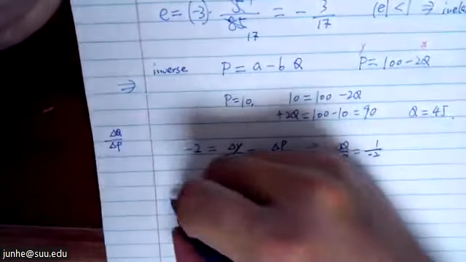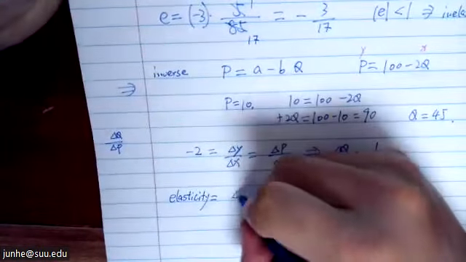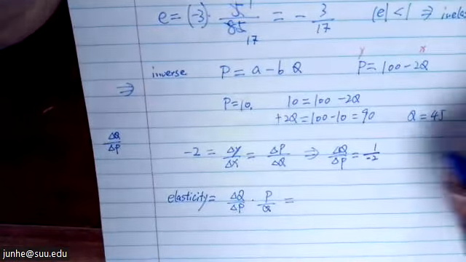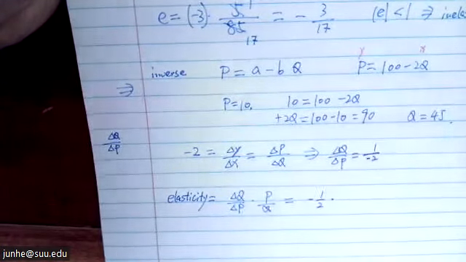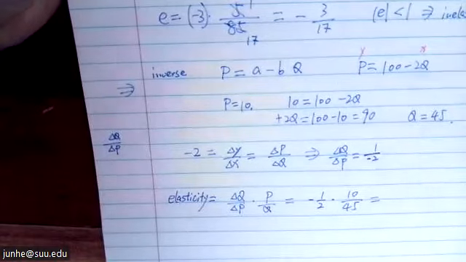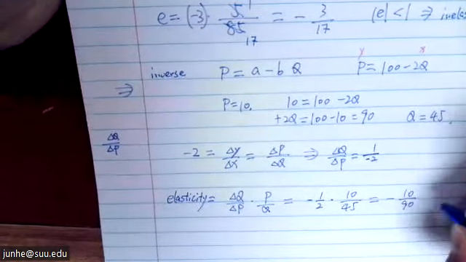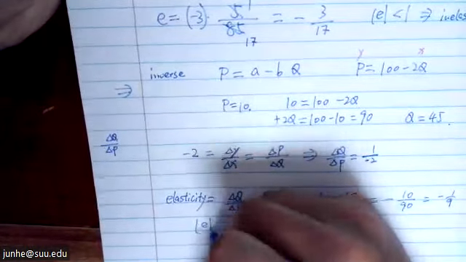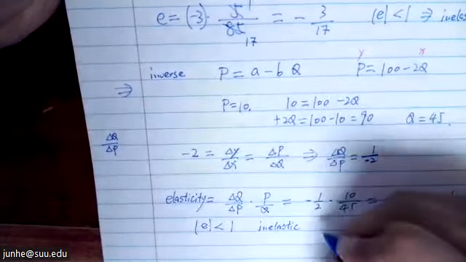So in this case, elasticity is delta Q over delta P times P over Q. Here, delta Q over delta P is minus one half, your price is 10, and your quantity is 45. So it's minus 10 over 90, which is minus 1 over 9. Again, the absolute value of this elasticity is smaller than 1, so we have inelastic consumers.